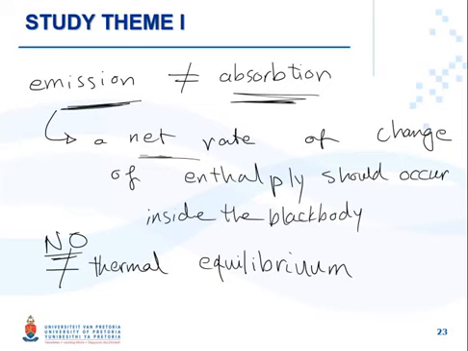So easily we could prove that if thermal equilibrium is achieved, the black body must absorb the same amount of radiation that it emitted. Maybe you feel it's a bit complicated, but play the video one more time, think about it, you will get it.